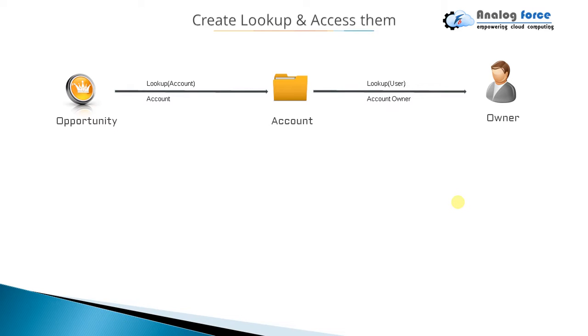The opportunity already has a lookup to account, and account already has a lookup to a user as an owner. On opportunity, it is known as account. On account, it is known as user or owner.